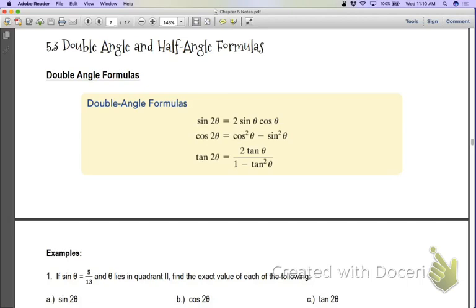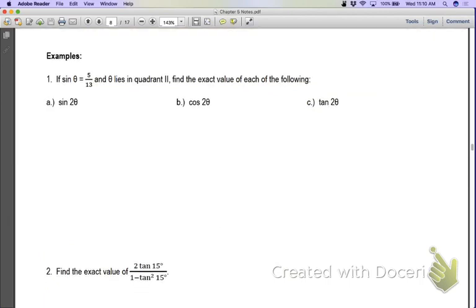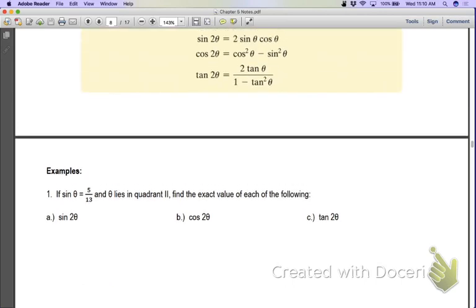So whenever we go about this, if I have sine of theta equal to 5 over 13, and theta lies in quadrant 2. Again, I need to know what's positive and what's negative as far as sine and cosine.